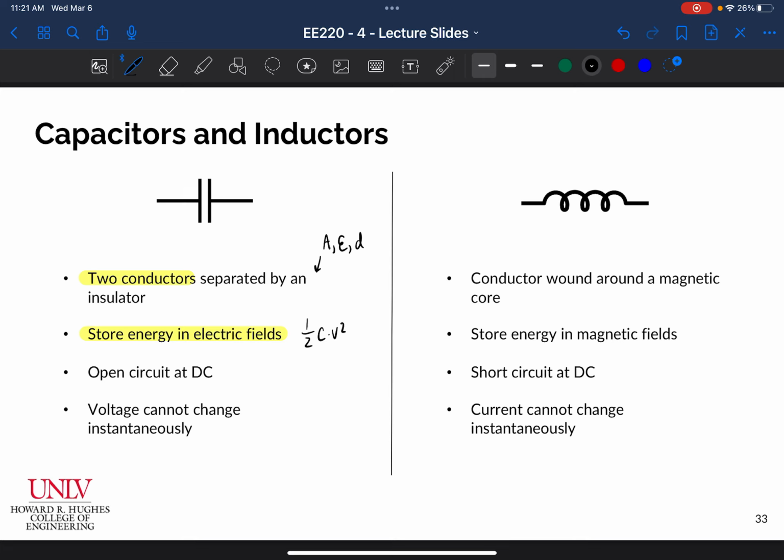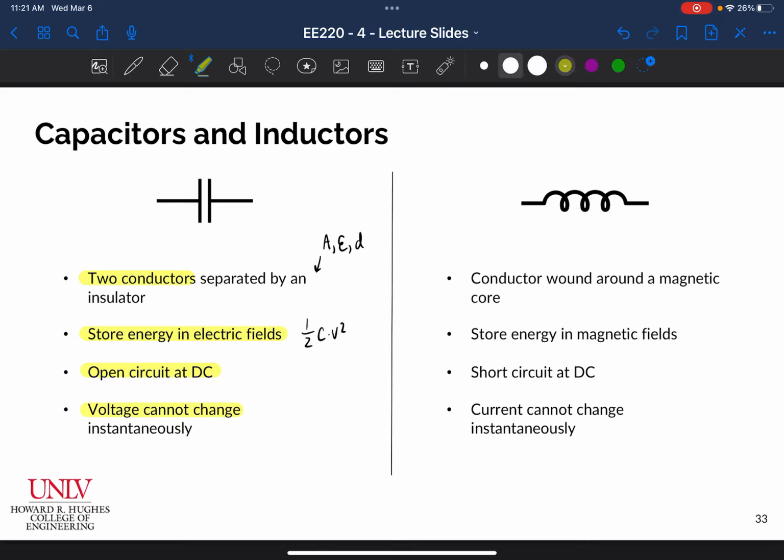We know that the capacitor, because it is two conductors separated by a physical insulator, at DC is an open circuit. It does not allow current to flow at DC. That's the important piece for the capacitor. And voltage cannot change instantaneously across the capacitor.